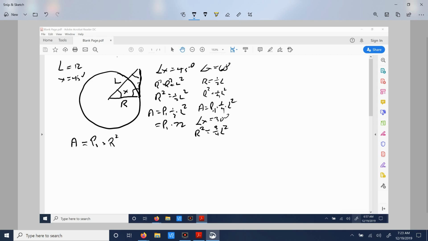Because if X is 30 degrees, then this opposite is 1/2 of L, and then if you use the Pythagorean theorem, you would get this to be square root of 3/2 L, and you square it and you get that. So the area, in this example, would be pi times 3/4 L squared.